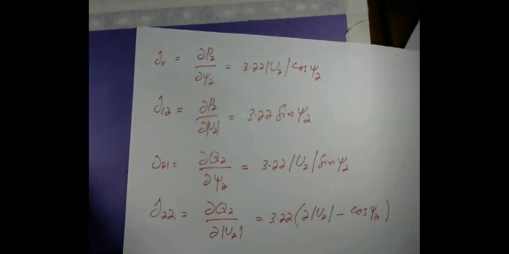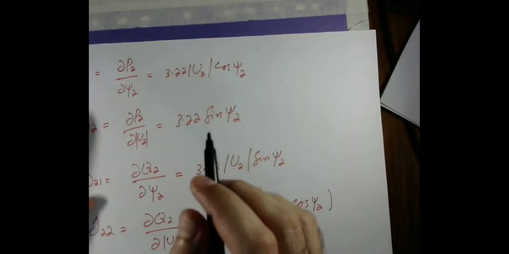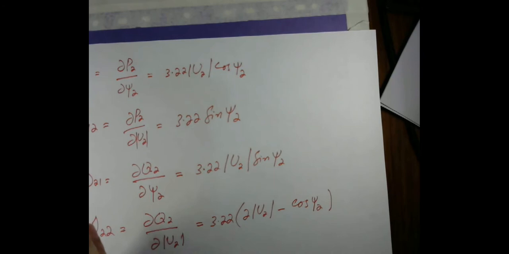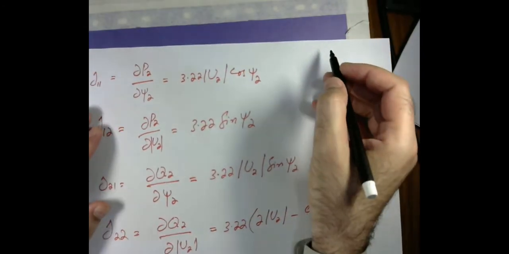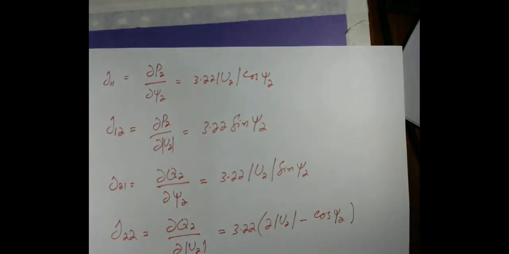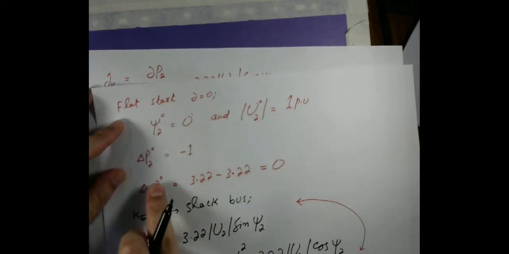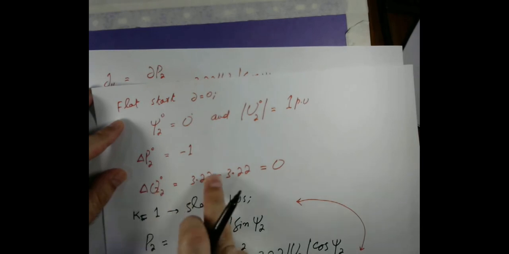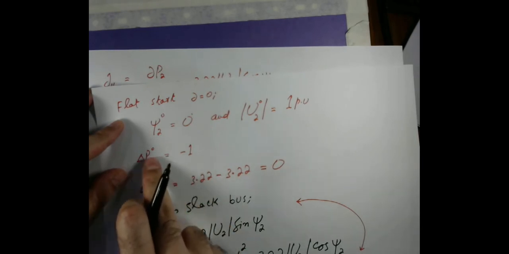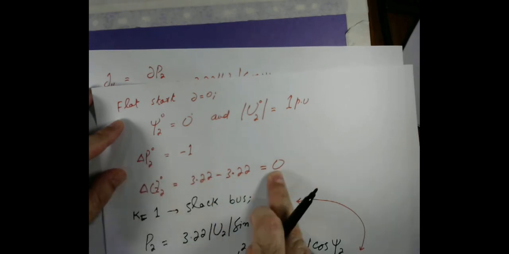Now once again, knowing that for the flat start, as we determine the power mismatch, we put a 0 here. So we determined that the power mismatch for the active power is -1 and for the reactive power is 0.